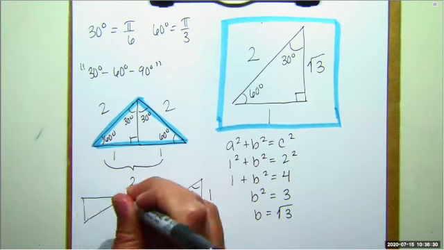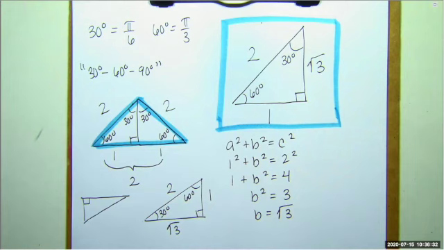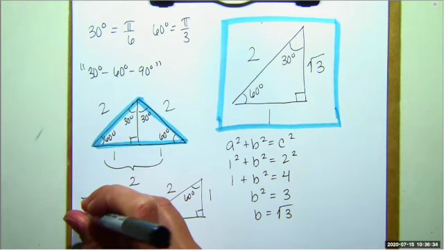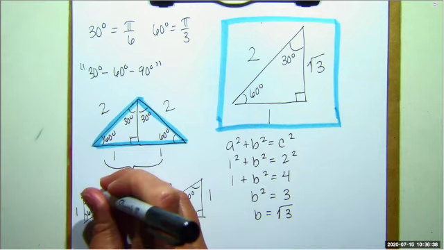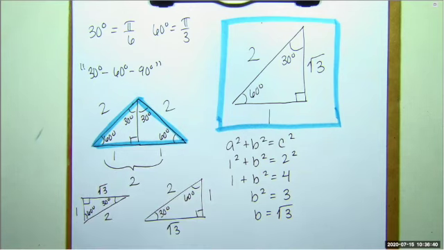If we have this flipped upside down, the same thing is going to apply. If we have the 30 here and the 60 here, the side across from the 30 is the 1, the side across from the 60 is the root 3, and the hypotenuse is the 2. So regardless of how we orient this, what you want to think about is across from the 30 is the 1, across from the 60 is the root 3, and across from the 90 is the 2. Any questions so far?